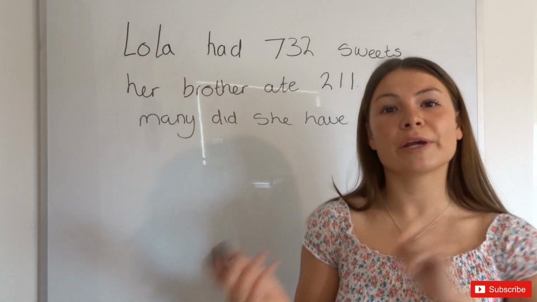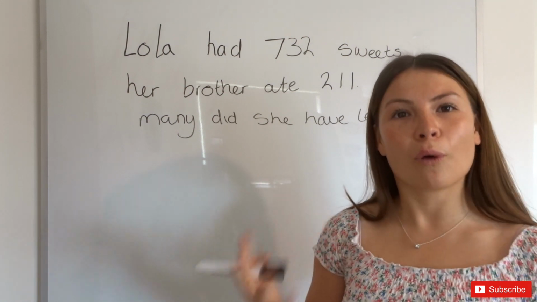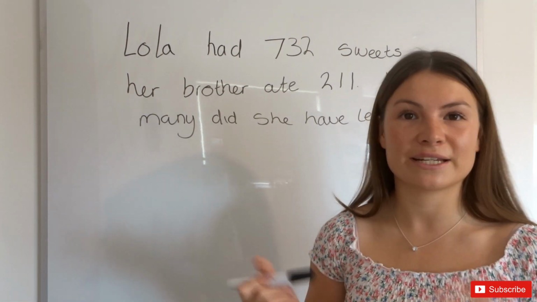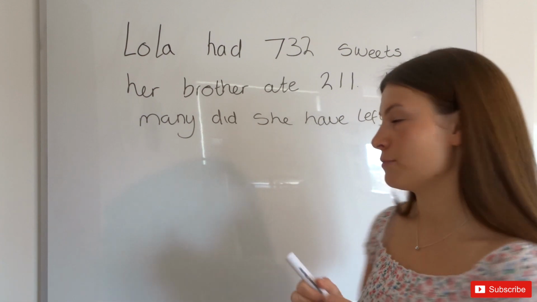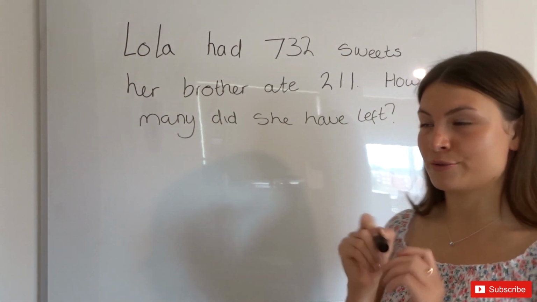So going off what we learned in our previous lesson on column subtraction, what do we need to do? Which number needs to go on the top in column subtraction? The biggest number always goes at the top.